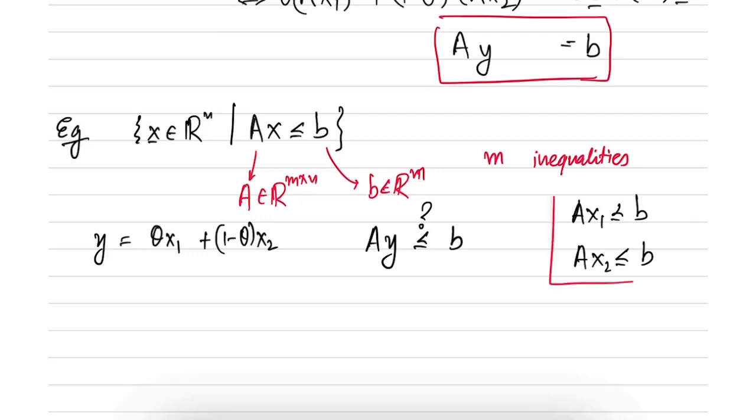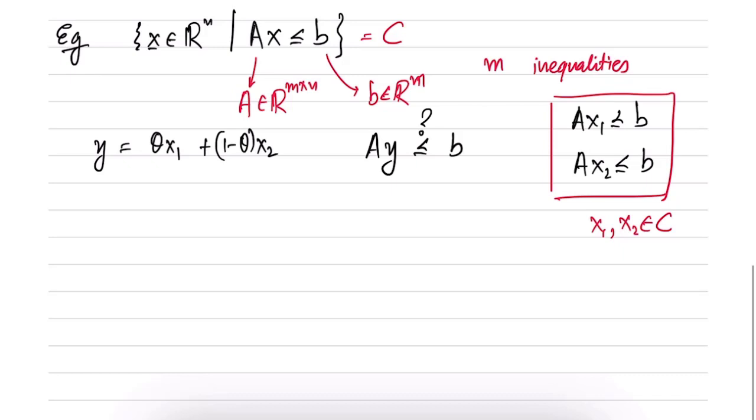So these two things are given because we are assuming that x1, x2 are in C. Now to see whether ay is less than equal to b, let us substitute the value of y and we would obtain theta times ax1 plus 1 minus theta times ax2.